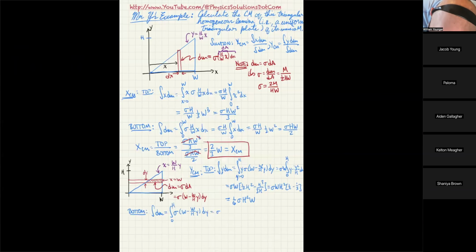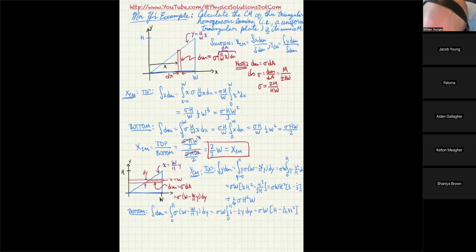That's going to become sigma w times the integral of 1 minus 1 over h y dy from 0 to h, which is going to give me sigma w times the integral of 1 just becomes y, evaluated at h is h, evaluated at 0 is 0, minus the integral of y times 1 over h would be 1 over 2h h squared when evaluated at h, and of course 0 otherwise.